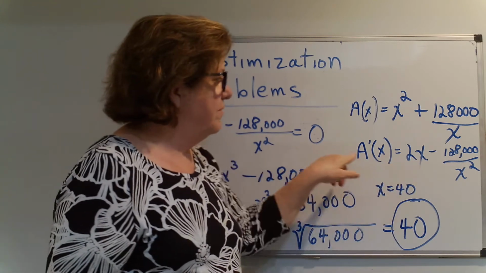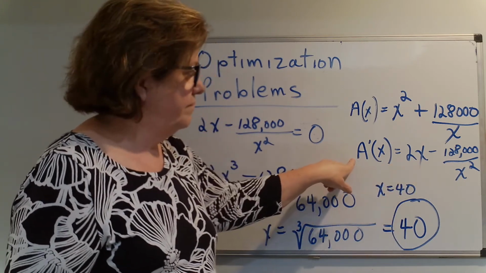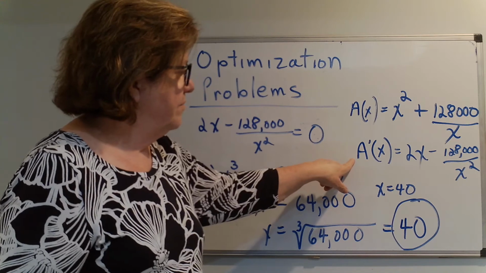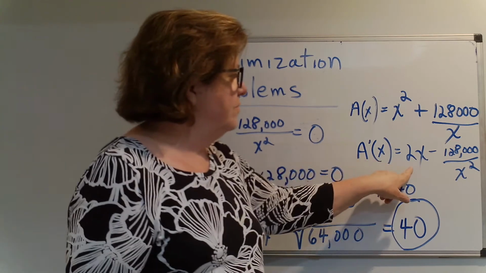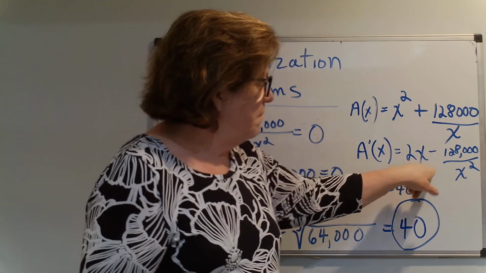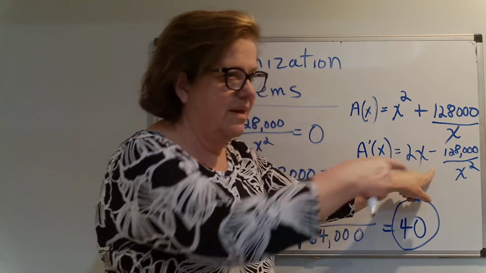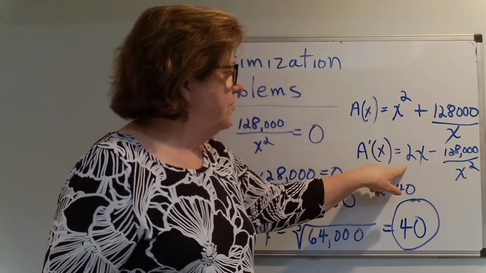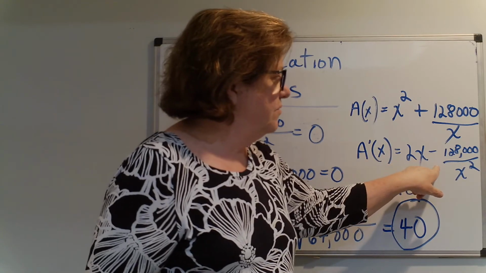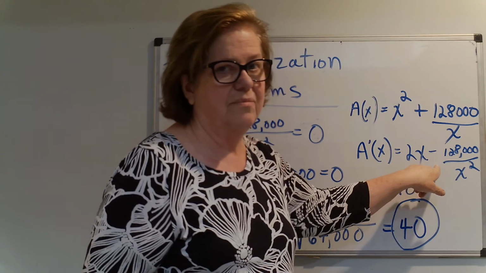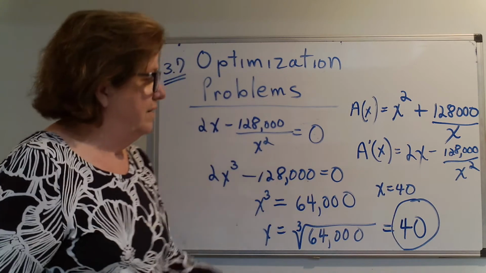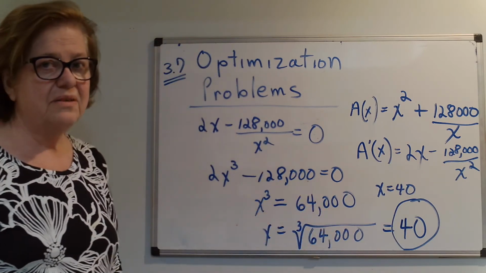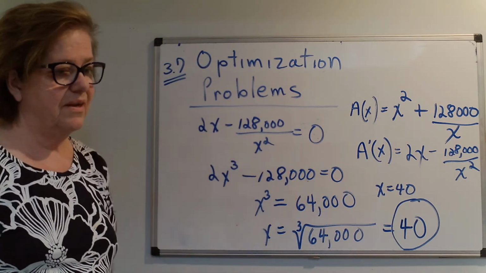If I take the derivative again, I'm going to have 2, and I'm going to bring the negative 2 down, so it'll be 2 plus 2 times 128,000 over x cubed. Well, at x equal to 40, that's positive, so the function's definitely concave up.